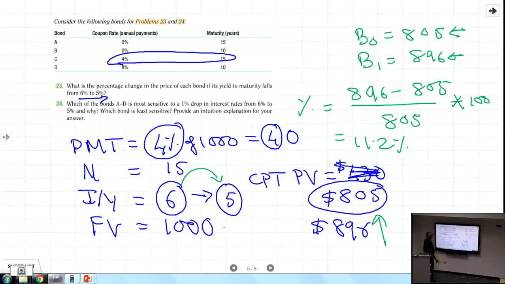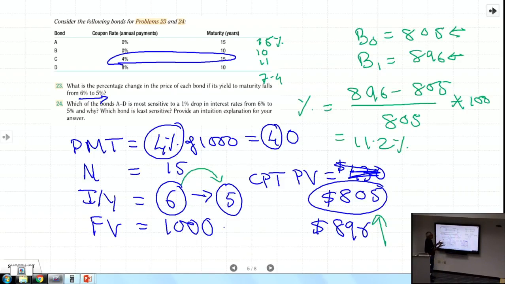So similarly, you can work out the percentage change in the bond price for A, B, and D. If you do the math, A would have a 15% change, B would have about a 10% change, C has an 11% change, and D has a 7.4% change.